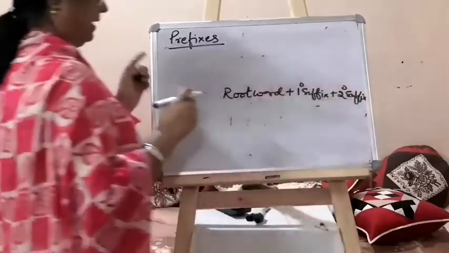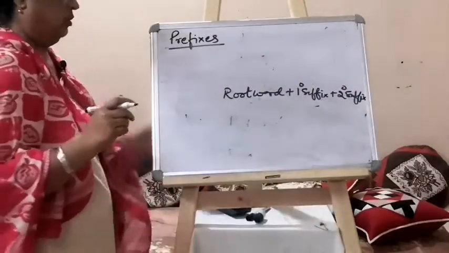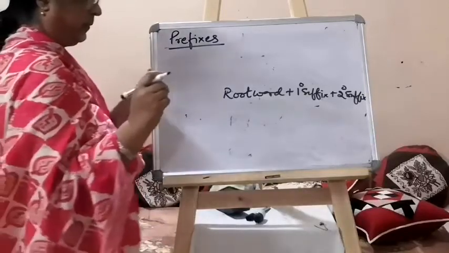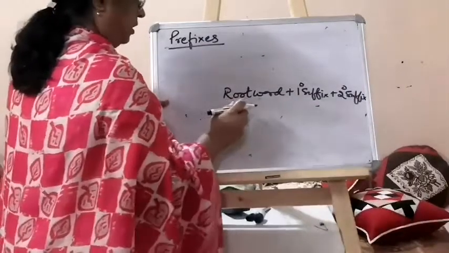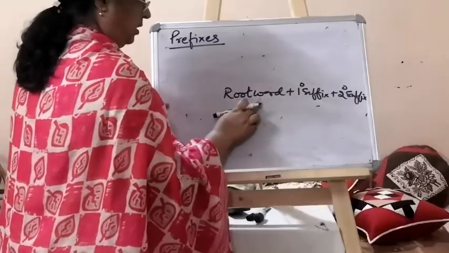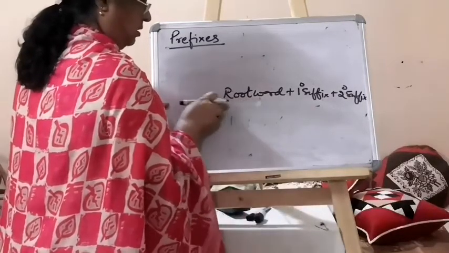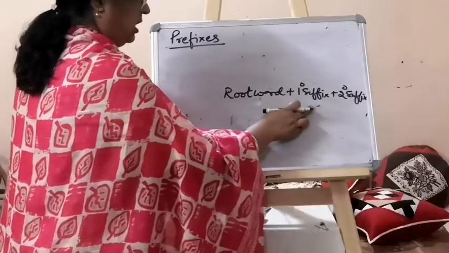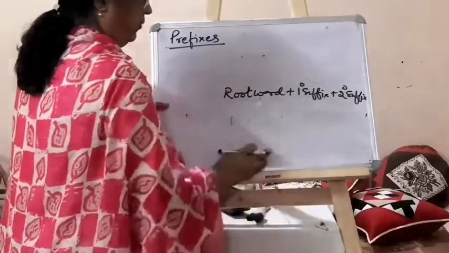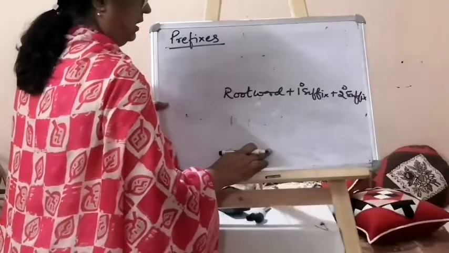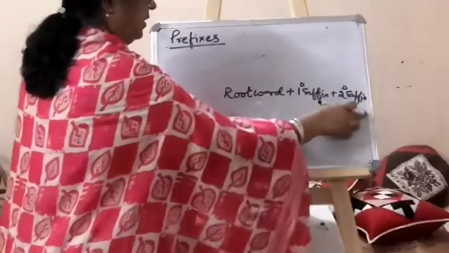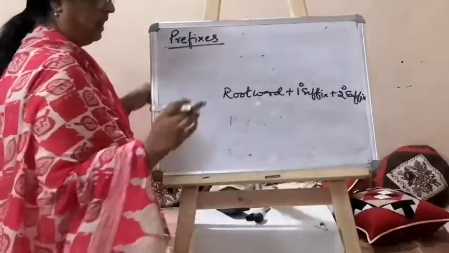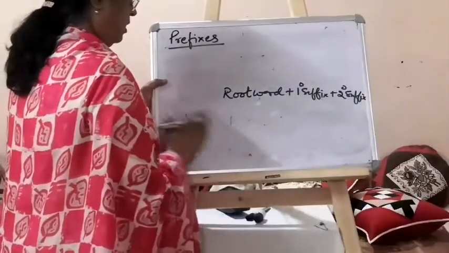Again and again I am writing this rule so it will be easy and convenient for you to understand. The root word depends upon the number of carbon atoms in a continuous chain. The primary suffix is based on the type of bond, single, double or triple: ane, ene or yne. The secondary suffix is based on the functional group that you will have to learn.